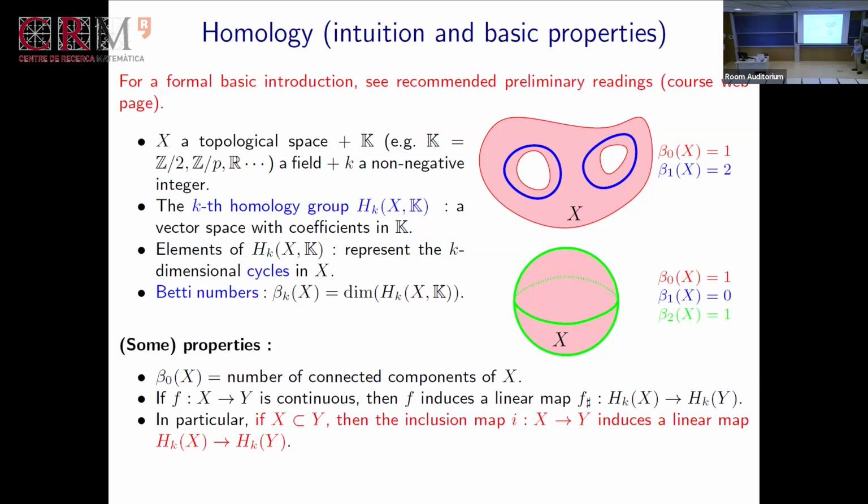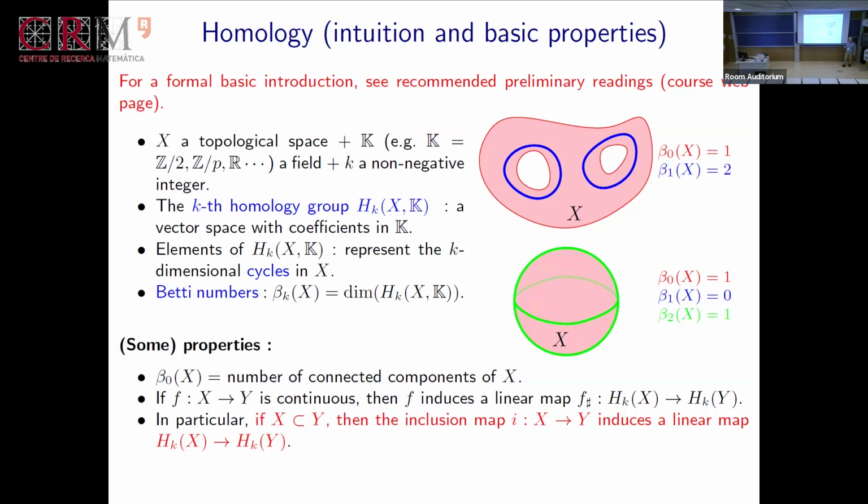H0. And another very important property of homology is the following. When you have two spaces x and y, and a function f from x to y, this function induces, in a canonical way, a linear map between the homology groups of x and y.